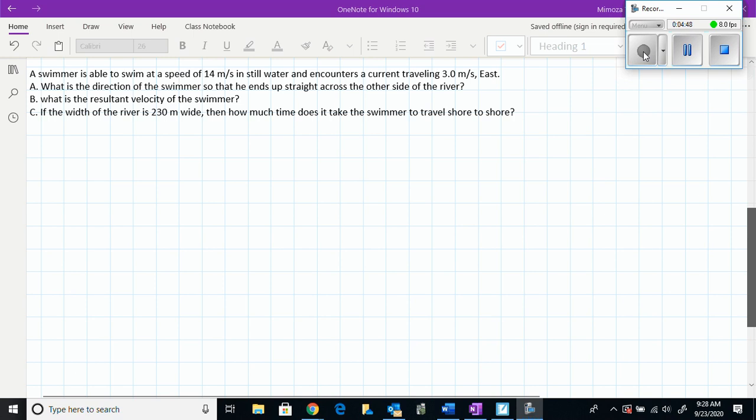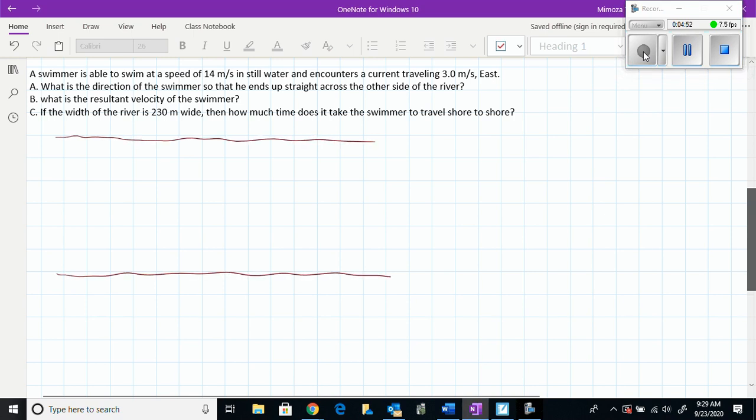Okay, the situation of this question is something like this. You have a river here. The current is traveling east at 3 meters per second. And then the swimmer is able to swim at 14 meters per second in still water.